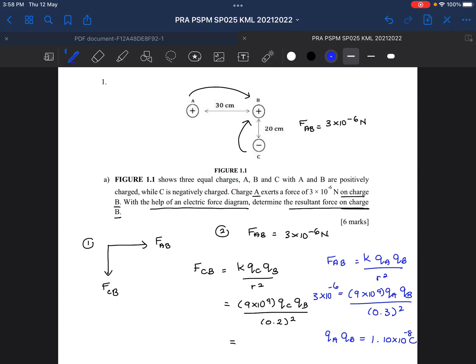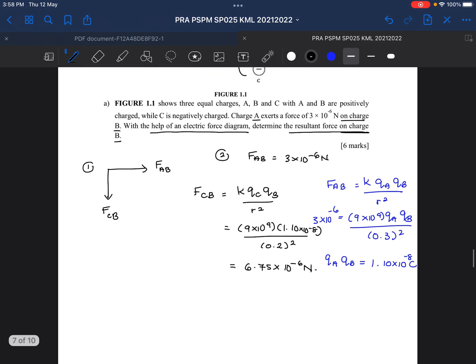So, I think I can masukkan kat sini kan. So, this one, I'm going to put 1.10 × 10^-8. And I think your answer would get 6.75 times 10 to the power of negative 6 Newton.